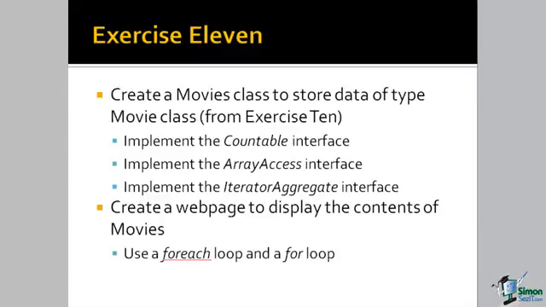Then create a web page to display the contents of movies. Use a foreach loop, taking advantage of the iterator functionality, and then repeat the contents using a for loop, taking advantage of the array notation syntax to loop through the contents.